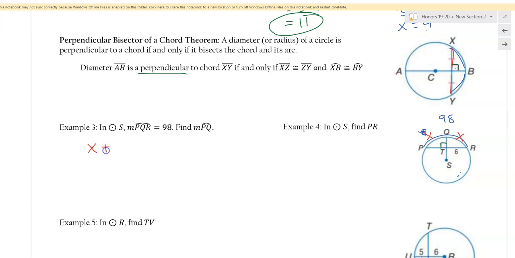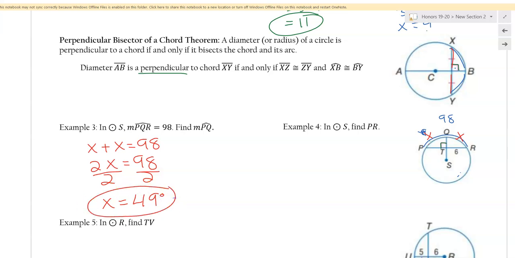So x plus x equals 98, or 2x equals 98. Thus, when I divide by 2, x equals 49 degrees. Technically, it's a degree with a measure of an angle, or arc, sorry. Because these have to be the same and they have to add together to be 98, they're each going to be 49.